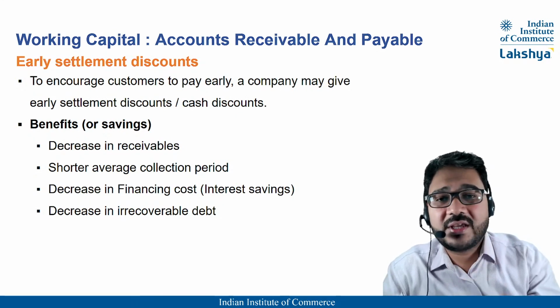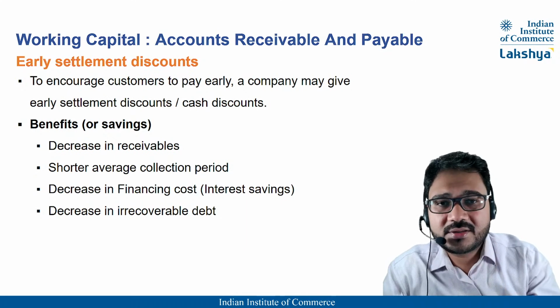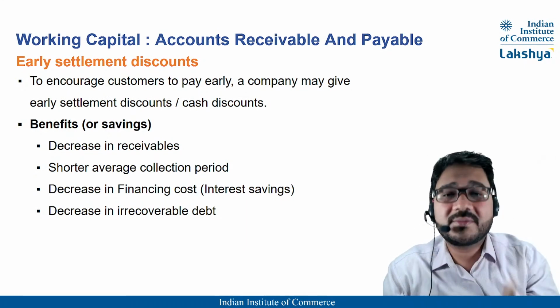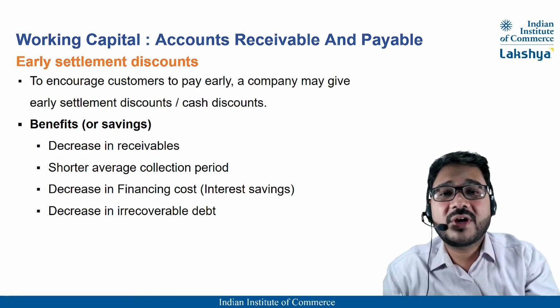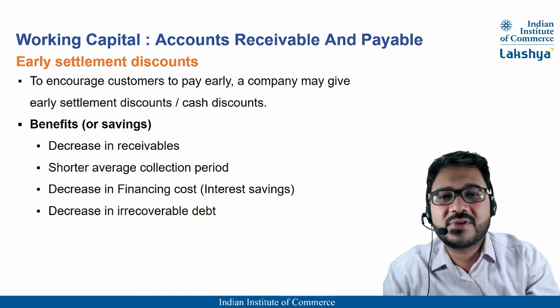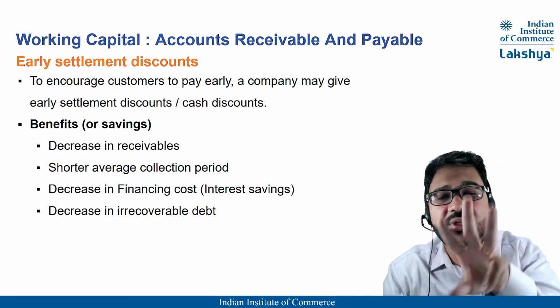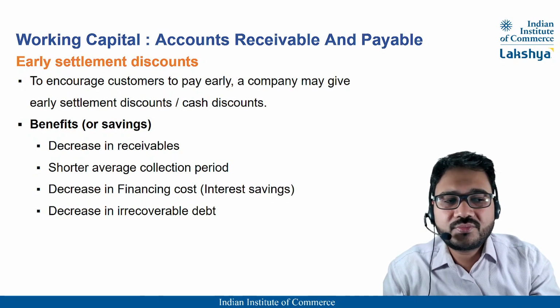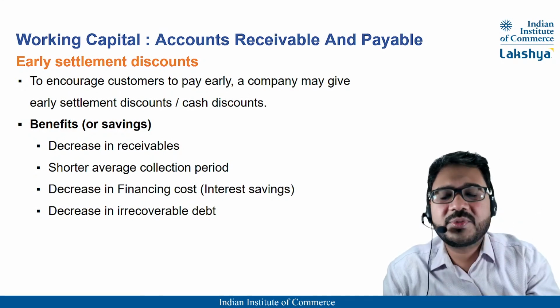Otherwise, if we would have taken, say, 1 month, I would have to take an overdraft facility for a month. But now I'm taking overdraft facility only for 3 weeks because he's paying within 1 week. So I'm not taking for 4 weeks, I'm just taking it for 3 weeks, right? Or to make things simpler, days.